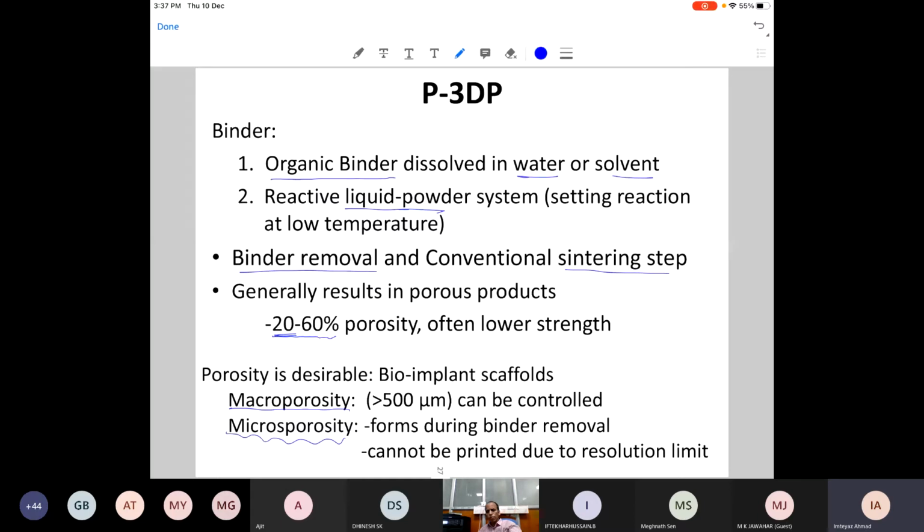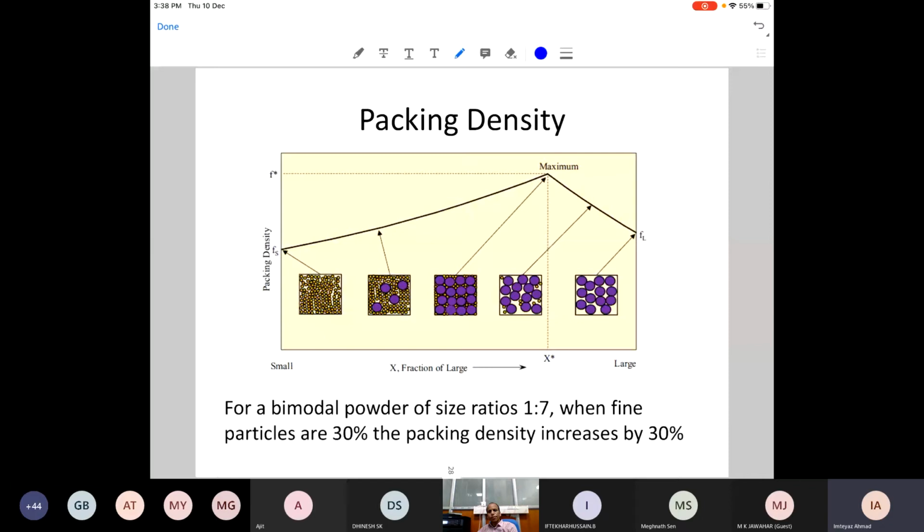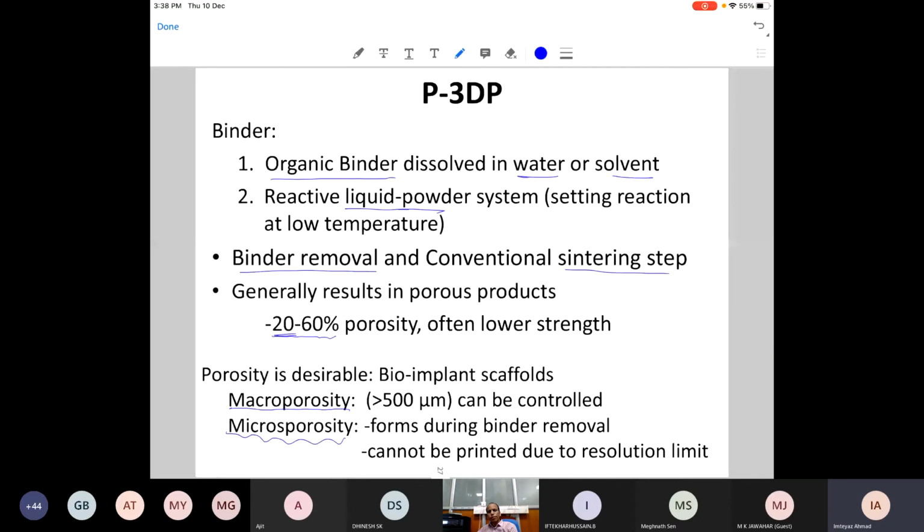You cannot print this porosity, but bigger pores, yes, you can print. So sometimes this is beneficial, and for biomaterials, this is very, very beneficial, and people are actually trying to use this there. In fact, a modification of this process is being projected as one of the top contenders as far as the mainstreaming of ceramic 3D printing is concerned.